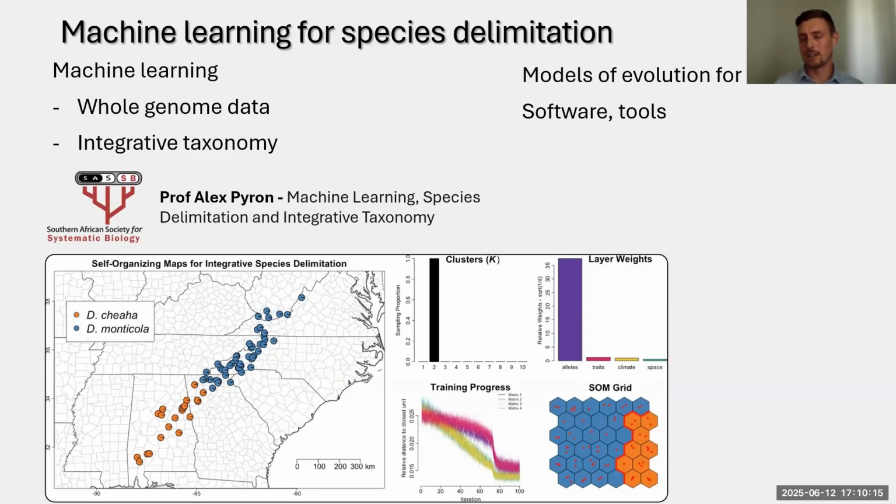Maybe one other issue that might limit the use is that, as far as I know, there are not these models of evolution available for machine learning, like for the classical model-based, not taxonomy but phylogeny.